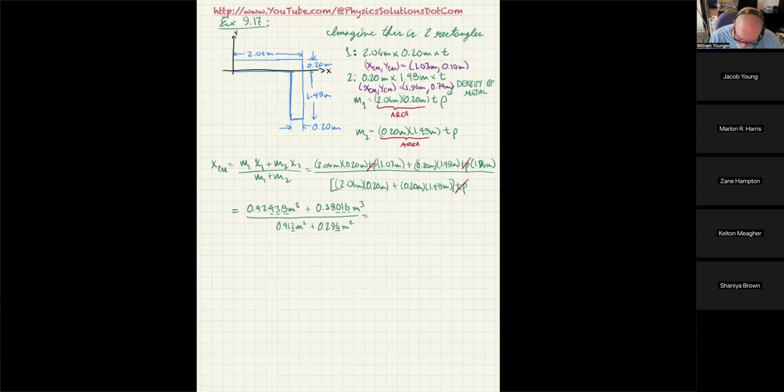So I'm going to take the 0.42438 plus 0.58016, even though I don't need all those digits. That's going to give me 1.00454 cubic meters. And then I'm dividing all that by 0.412 plus 0.296.